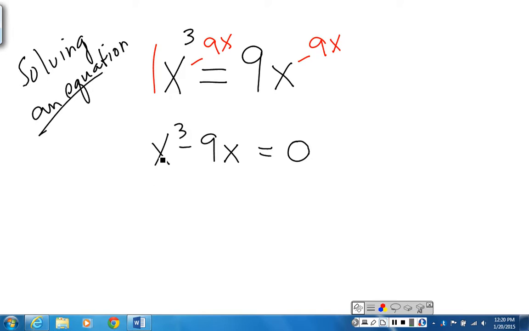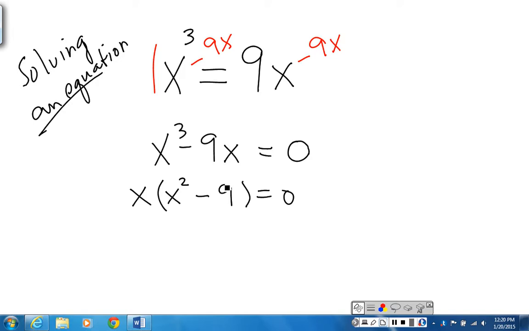How do you factor x cubed minus 9x? So always remember that taking out the GCF is the very first step of factoring, no matter what. So there is a greatest common factor. It is x, so we're going to take that out. And now you have x times what is x cubed, x squared, and then you have minus 9.